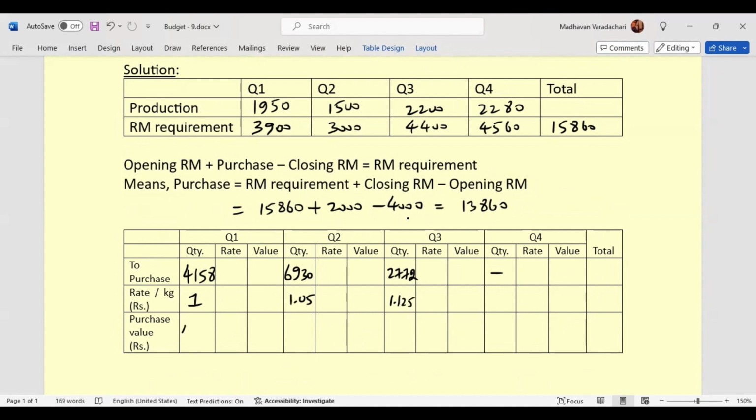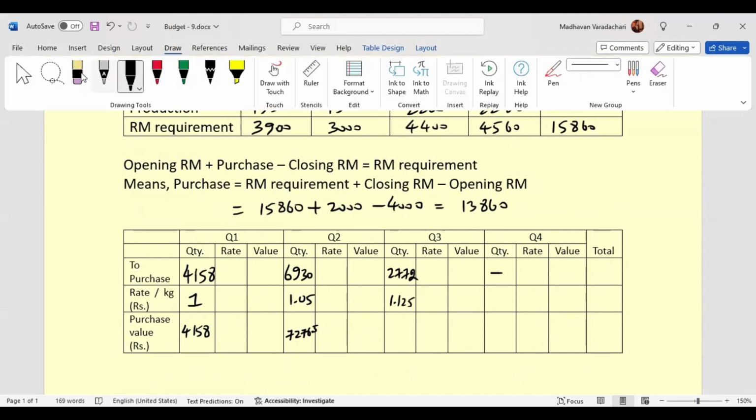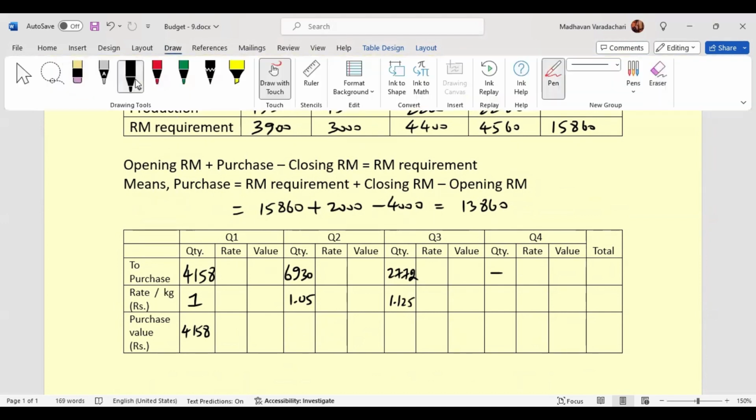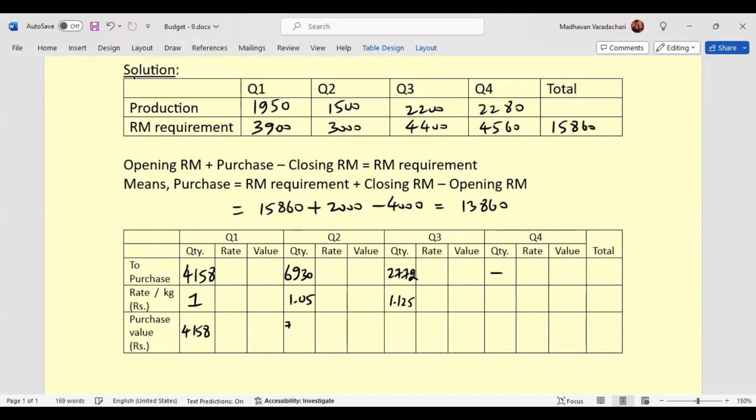If we multiply, the purchase value will be 4158. Here it is 7276.5. Let me rewrite that. Seven two seven six five. Then 2772 multiplied by 1.125, we will get 3118.5.